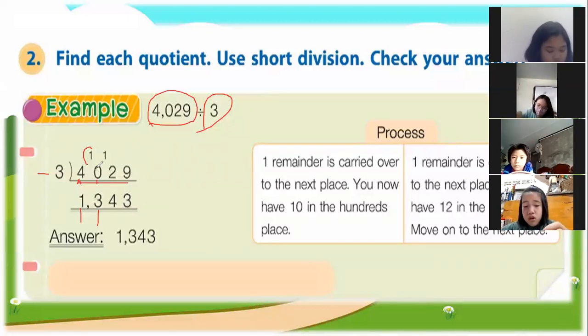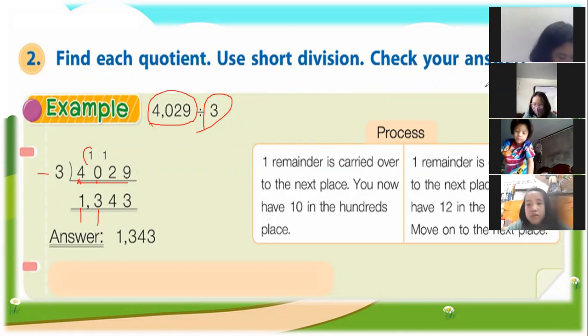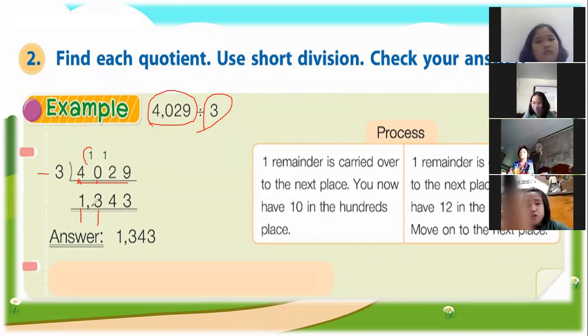So how much is remaining? 10 minus 9 is equal to, students, answer me, how much? 1. That's right. So 3 we are going to write down here, and the remainder 1 we will bring to the tens place.